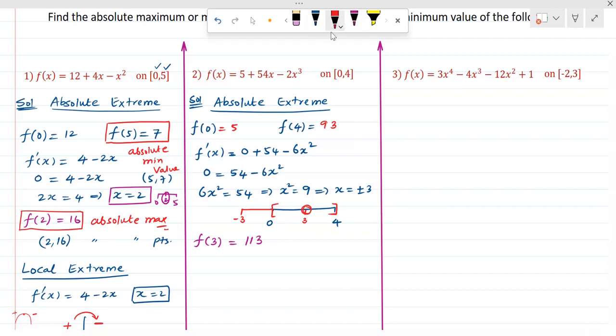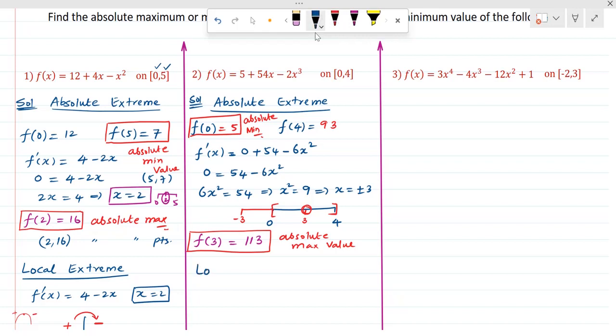Here the maximum value is this one, so that is my absolute maximum value. And here we will have the absolute minimum value. So this is what we have, the absolute maximum and minimum.